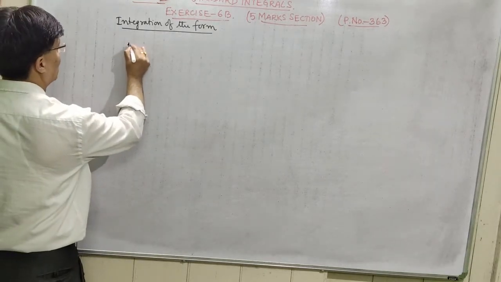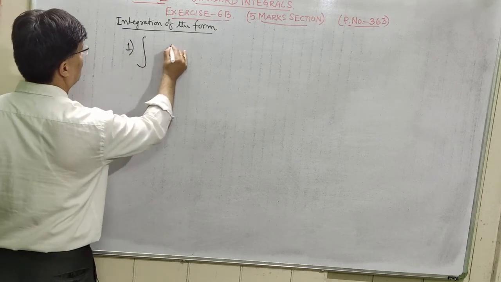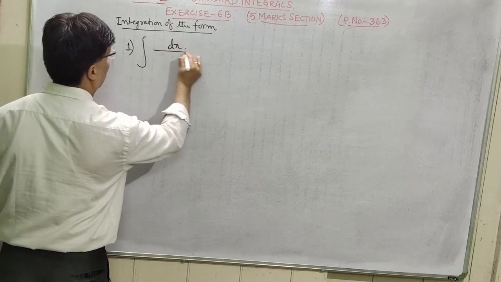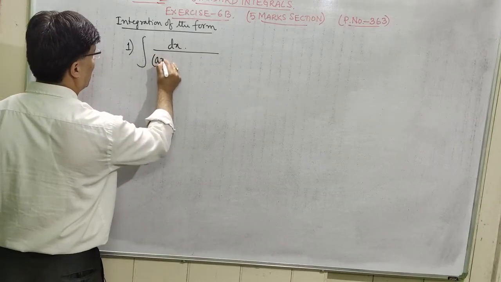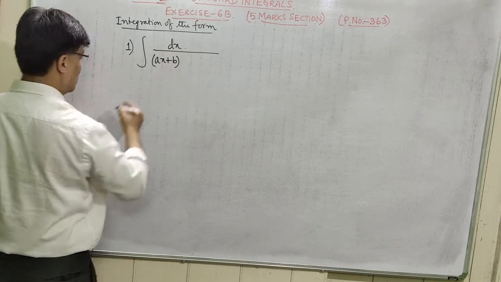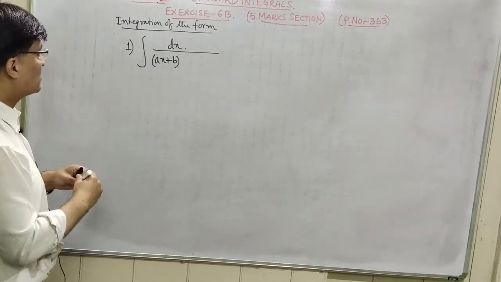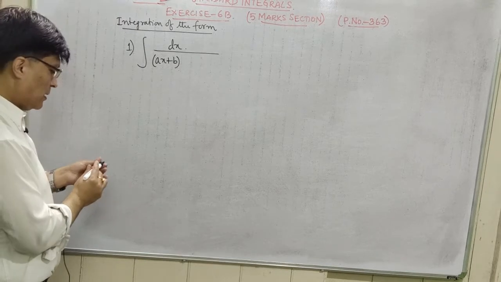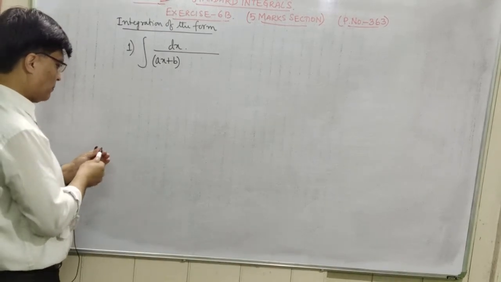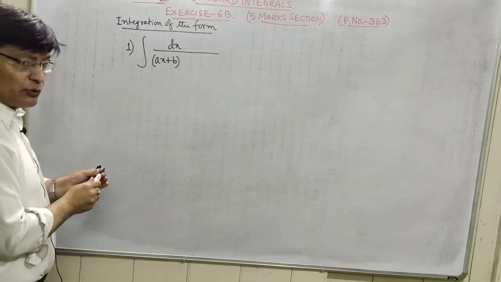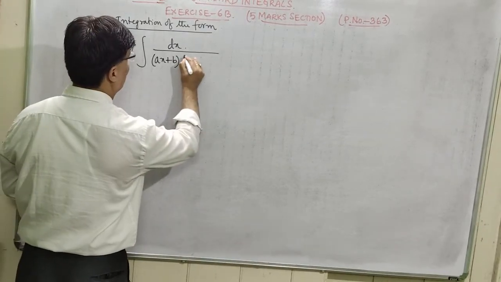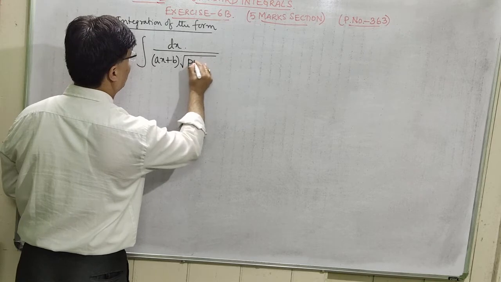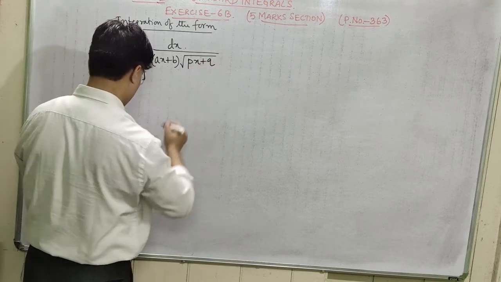First one is integral dx divided by ax plus b into within square root we have px plus q.